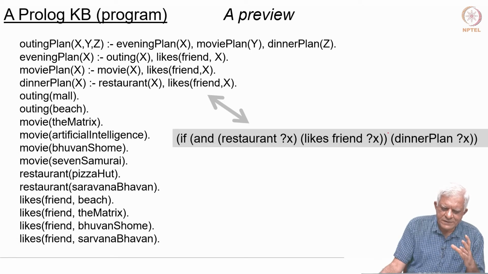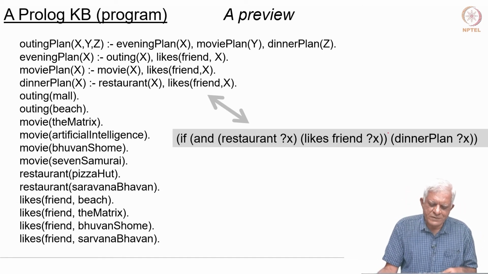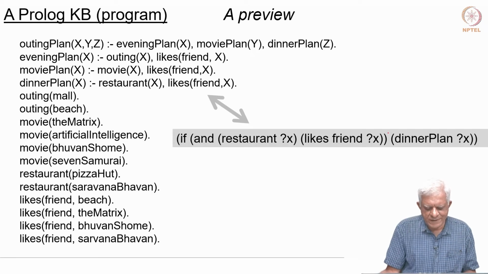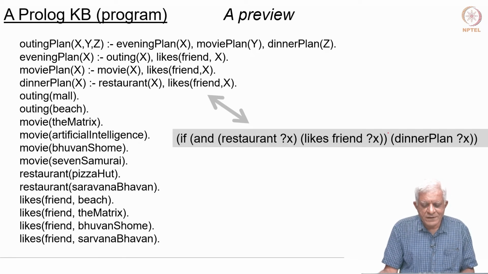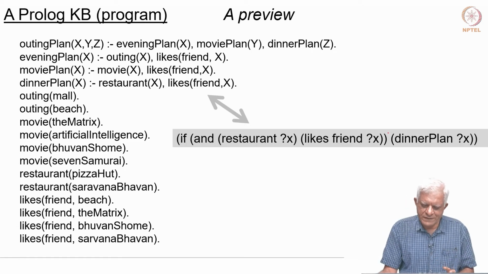The problem is that you are making an outing plan. Maybe you have got a new job or something, or maybe you have got very good grades in the courses that you are doing, and it is time to celebrate, and you are making an outing plan, and the outing plan is that you do something in the evening, then you watch a movie, and then you go for dinner essentially.